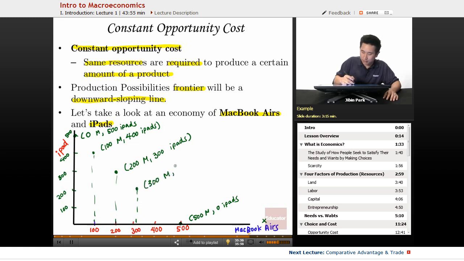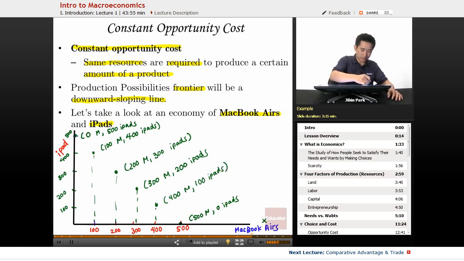So 300 MacBook Airs, and you're going to have 200 iPads. Similarly, if you decide to make 400 MacBook Airs, then you are going to have 100 iPads. And again, if you connect the dotted lines here, then you're going to have a constant cost production possibilities frontier.